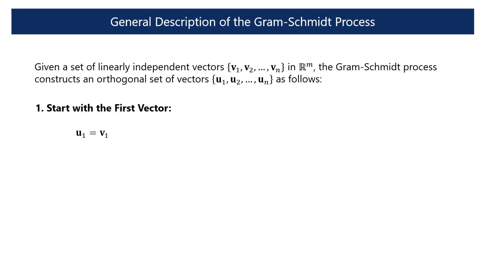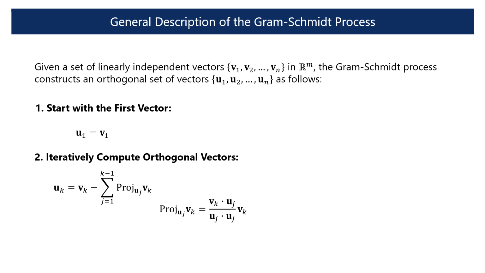Set u1 equals v1. Second, iteratively compute orthogonal vectors. For each subsequent vector, vk, subtract the projection of vk onto each of the previously computed orthogonal vectors, u1, u2, ..., uk minus 1.